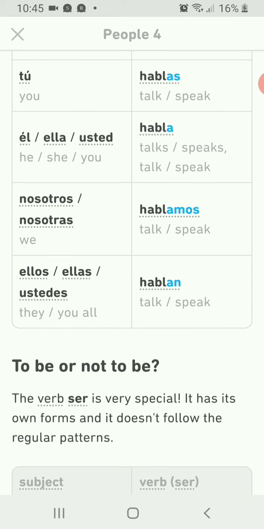Now let's look at some of the new pronouns. We have ellos. Ellos is the plural of él, which is he. So it's the masculine. And ellas is the plural of ella, she. So ellas is the feminine plural.